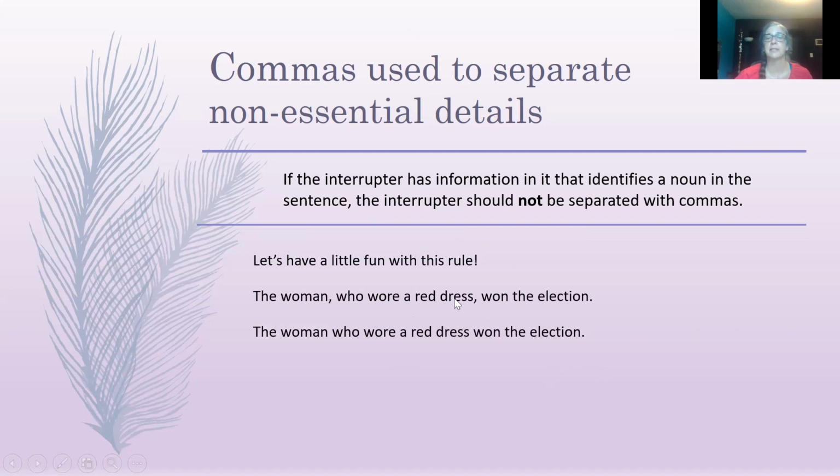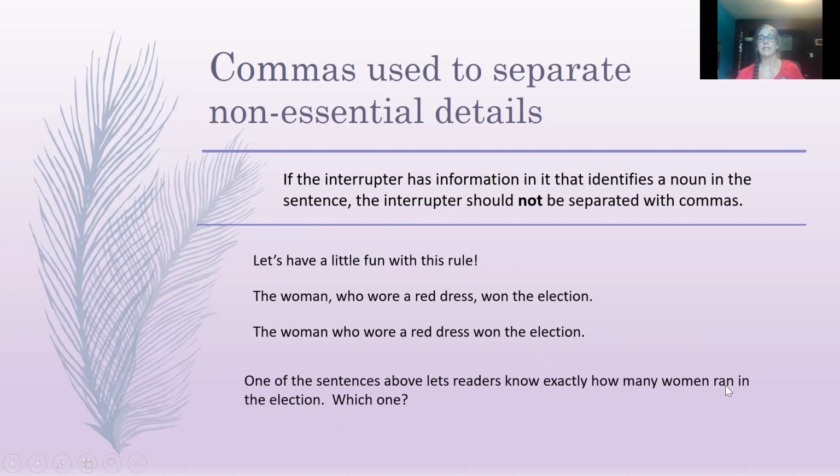That is, with commas to separate in one sentence and no separating commas in the second. And say, one of the sentences above lets readers know exactly how many women ran in the election. Which sentence? Now, again, remember your commas, remember your handles, lift the information out and say, what's left?